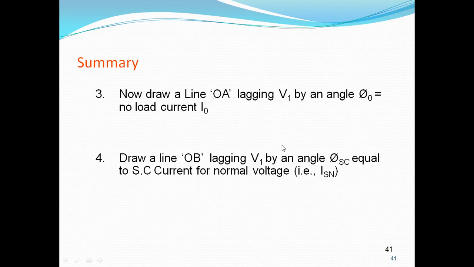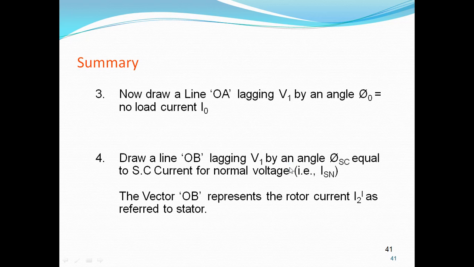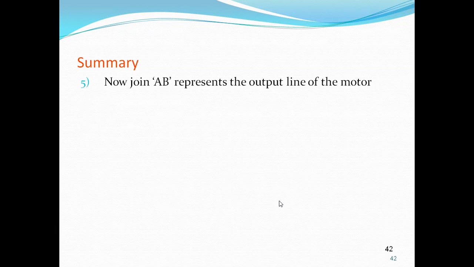Next, draw a line OB lagging V1 by an angle phi SC, which is equal to the short circuit current for normal voltage. The vector OB represents the rotor current I2 dash as referred to the stator.